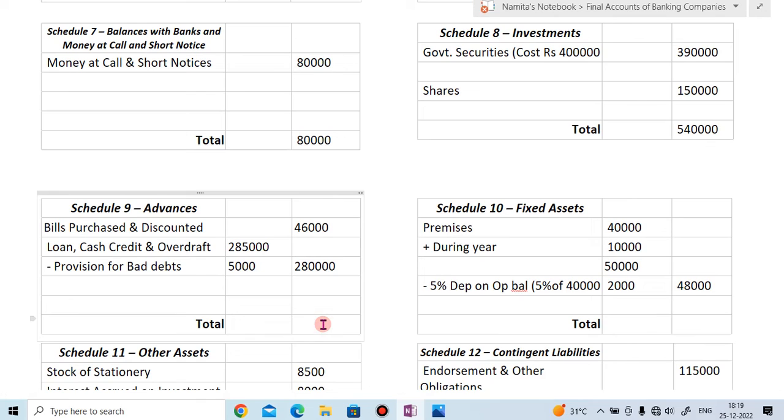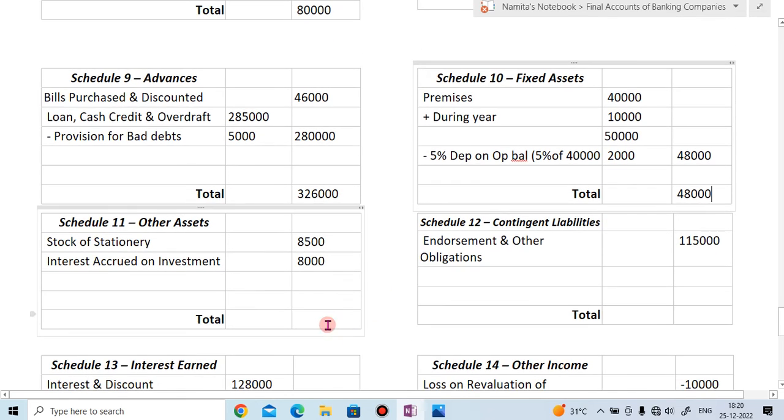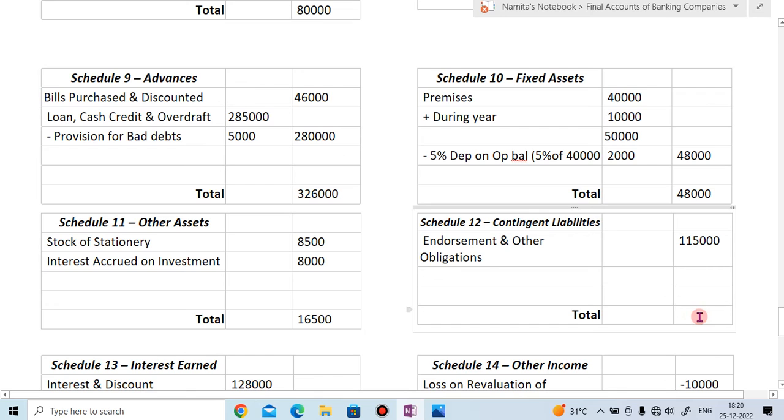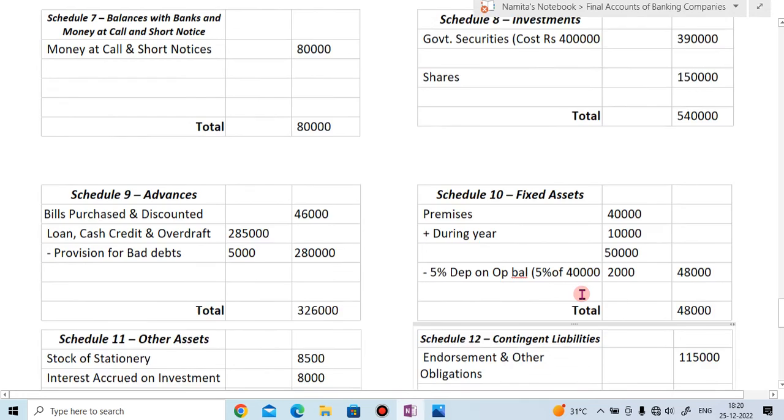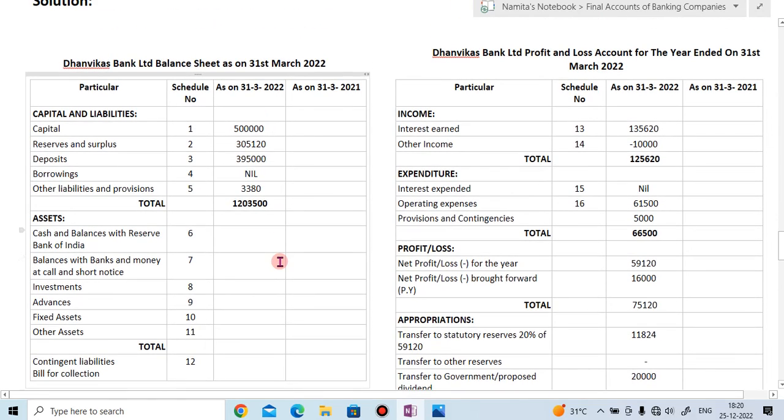The total will be 3,26,000. Schedule 10, 48,000. Schedule 11, 16,500. Schedule 12, 1,15,000. Okay, so now write all the totals in the balance sheet.